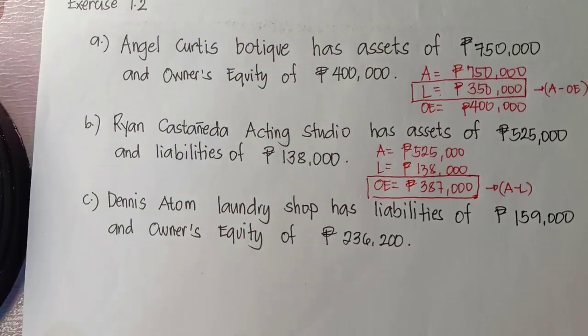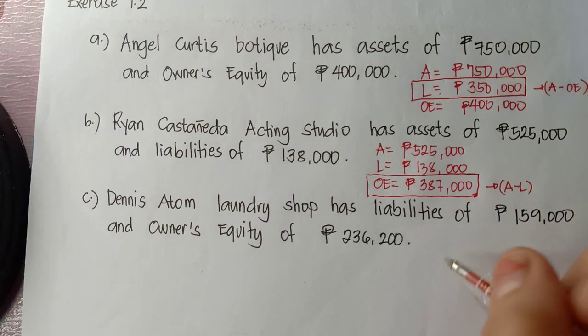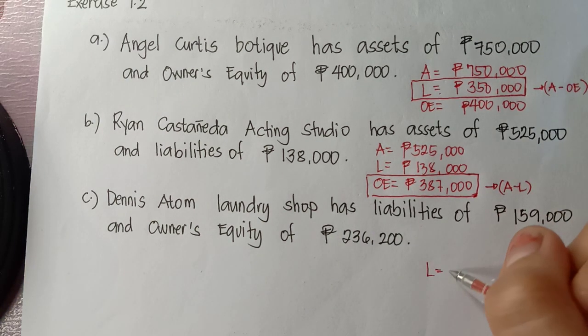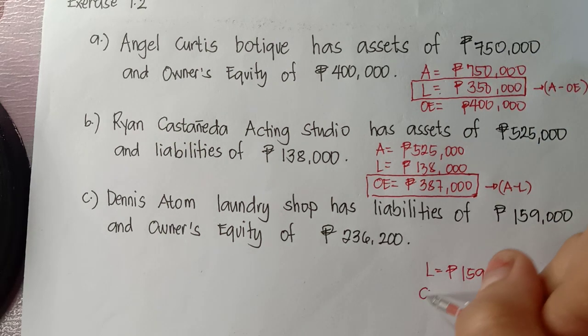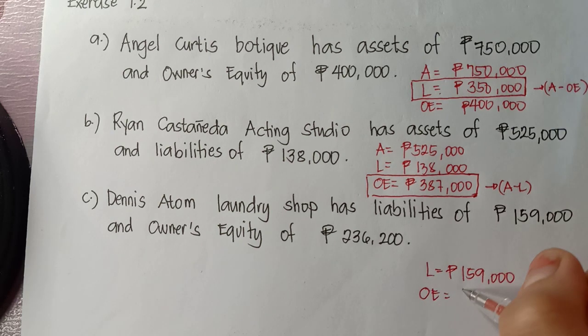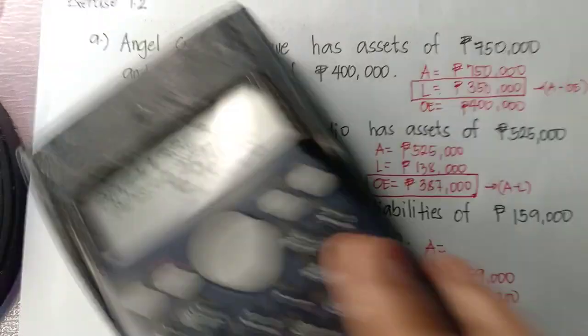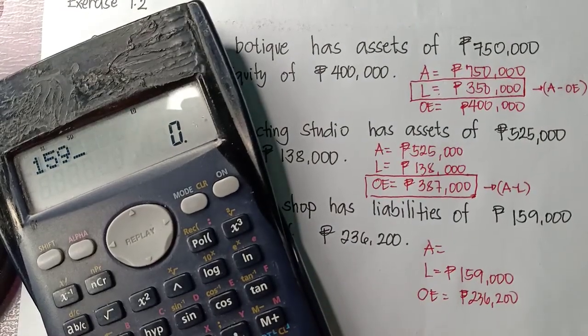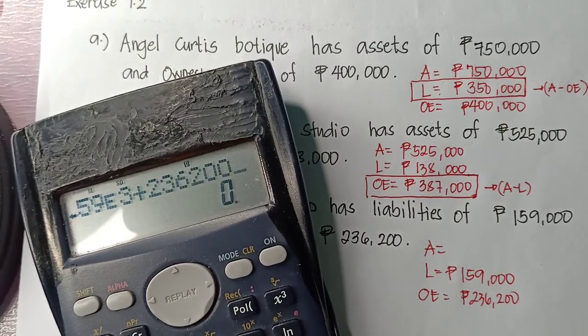Next, letter C. Dennis Atom Laundry Shop has liabilities of 159,000 and owner's equity of 236,200. So our assets is equal to 159,000 plus 236,200.